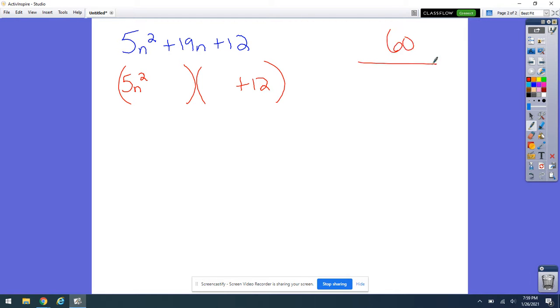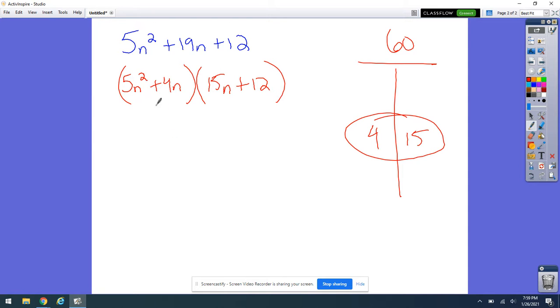We already know that answer, it's 4 and 15, just like before. So I'm going to do 4n, 15n, and then I see what I can factor out of each one. I have 5n squared and 4n. 5 and 4 have nothing in common except for 1, but they both share an n, so I can easily factor out n. So I'm going to have n times 5n plus 4.